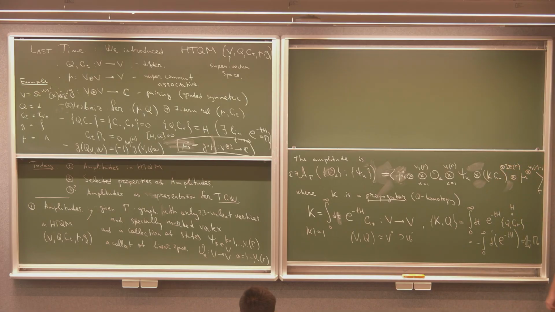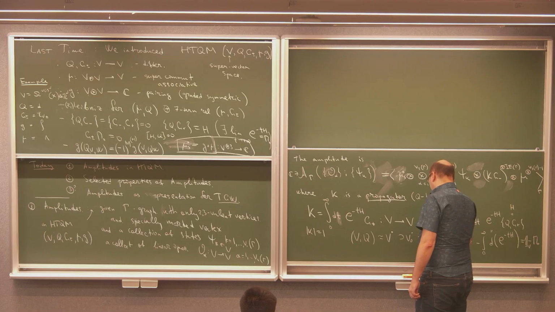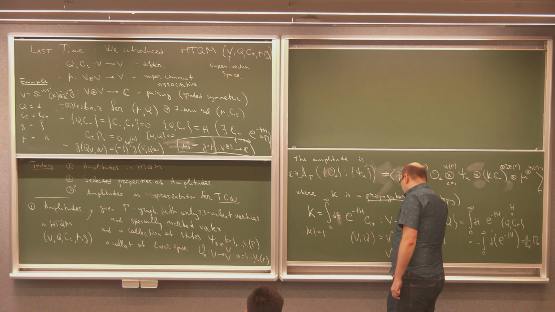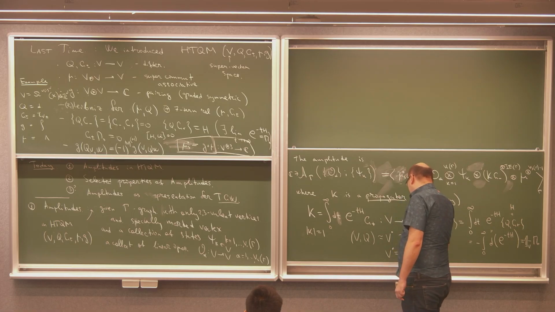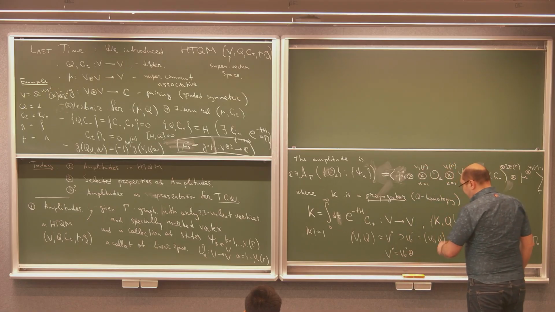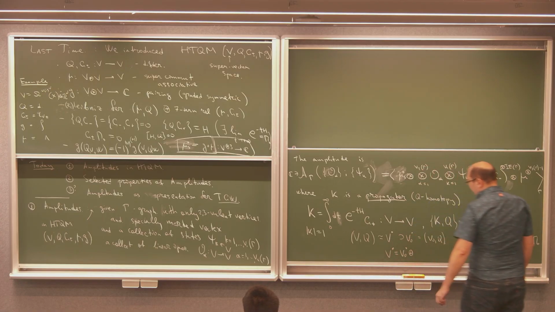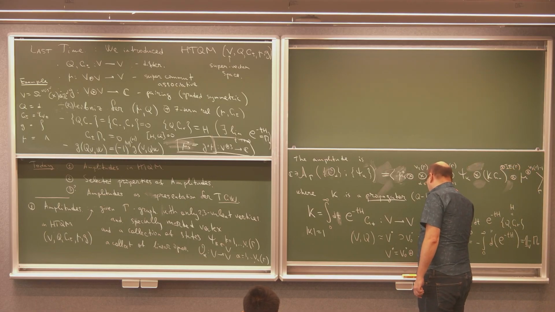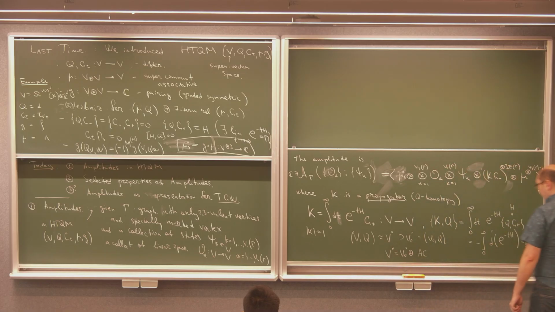V0 is the kernel of H, but Q can still act non-trivially on V0, so that's why we have a subcomplex which is V0 and Q. The important part is that the original complex just splits into a sum of V0 and some acyclic subcomplex.